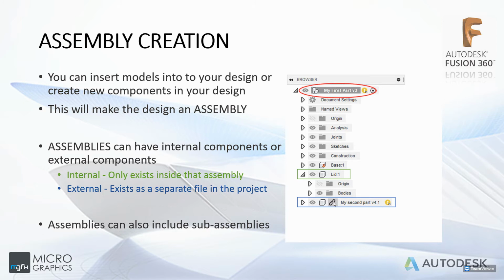You'll note that it has a little chain icon, meaning that it is linked to an external part. They put that chain icon there to remind us that it's linked. So if we change it somewhere else, maybe in this design or in another design, it's going to change here. Why? Because it's linked, hence the chain symbol.